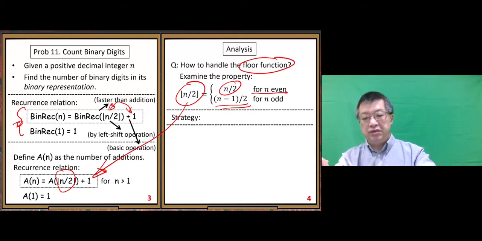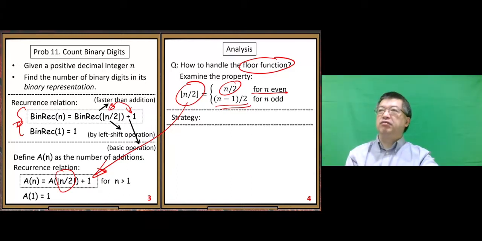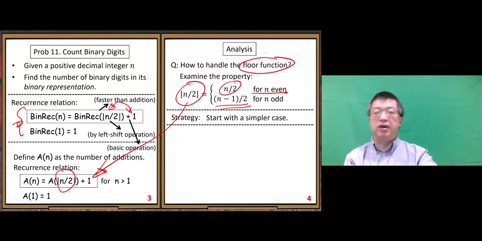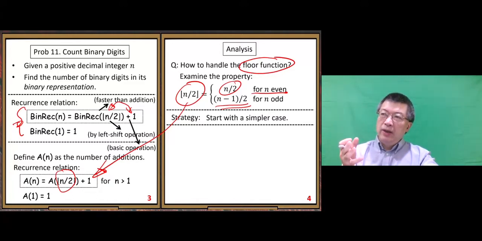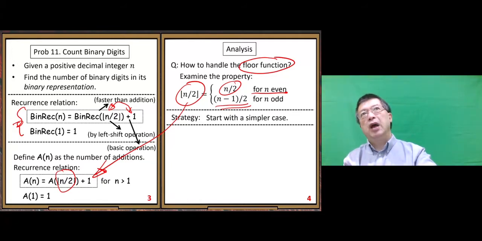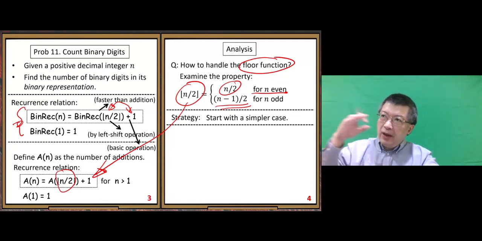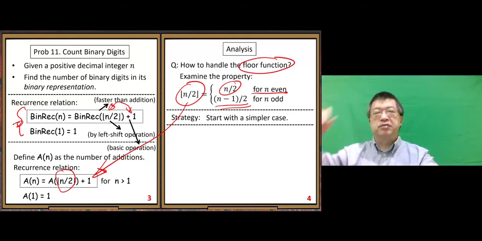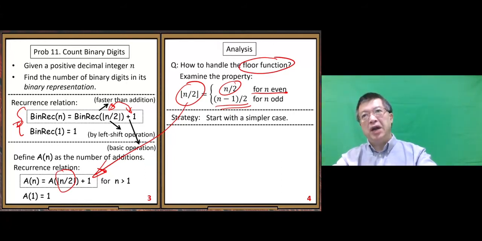The strategy, which we used before, is to start with a simpler case. At the beginning, we work on the simplest case first. After we get an answer, we see if we can solve the general case. That is the typical idea.